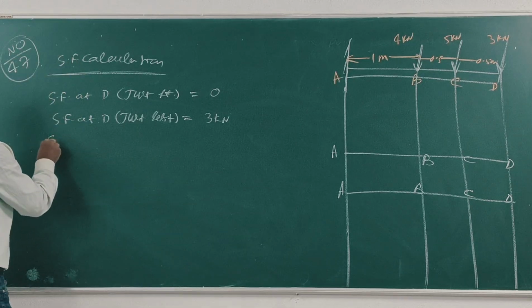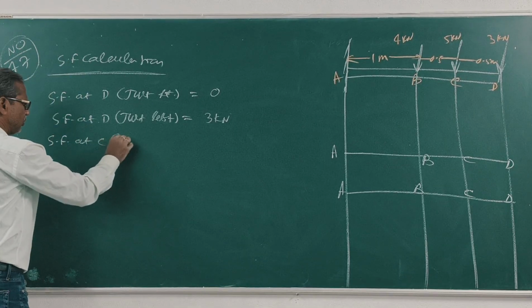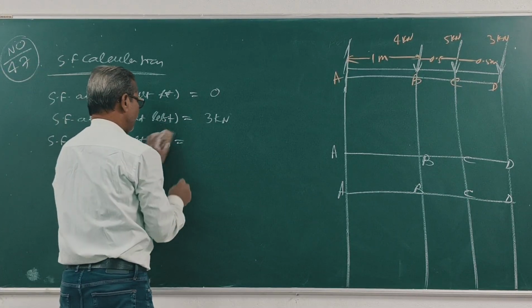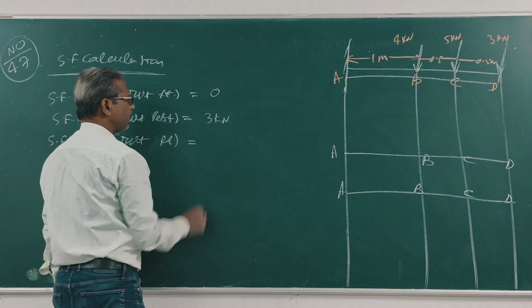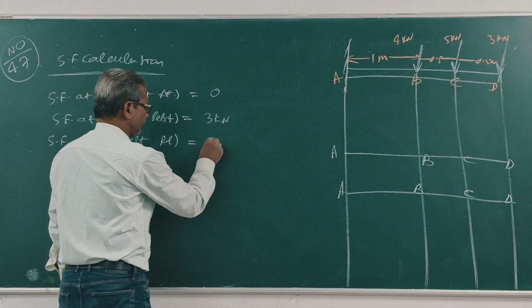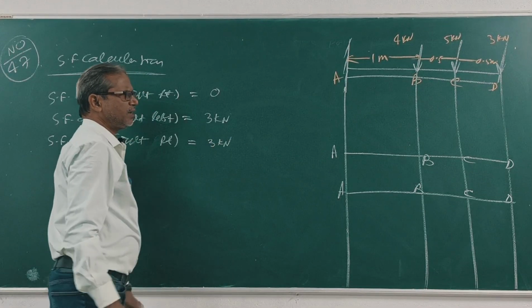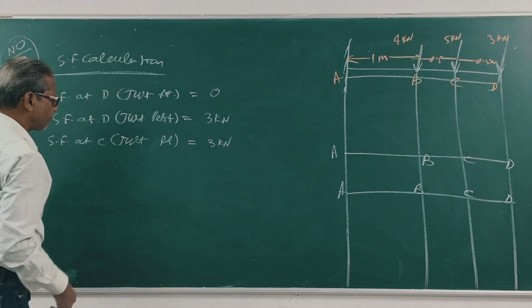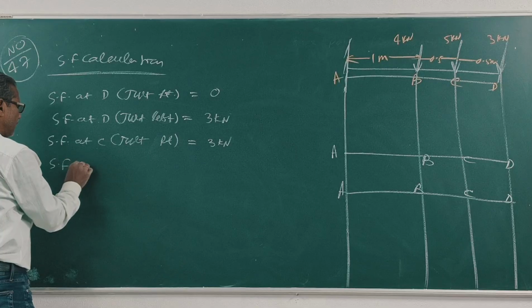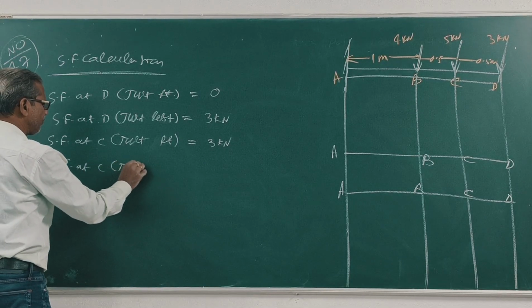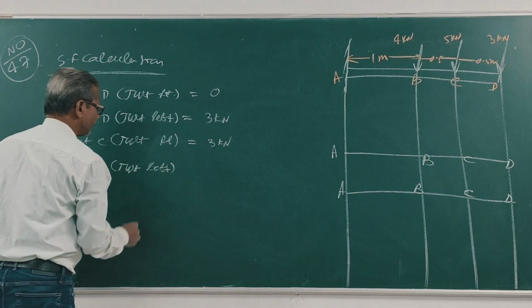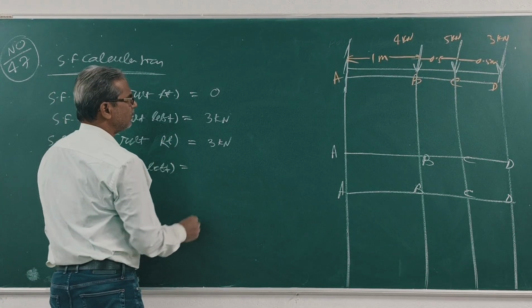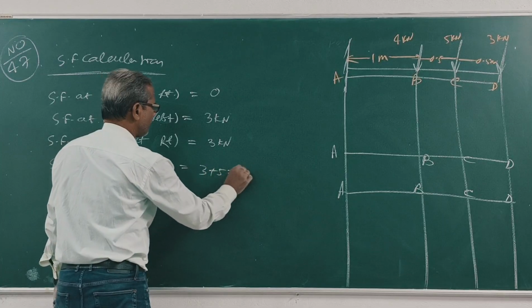Shear force at C just right is 3 kilonewton, as there is no load between D left and C right. 5 kilonewton is given at point C, so shear force at C just left is 3 plus 5, 8 kilonewton.